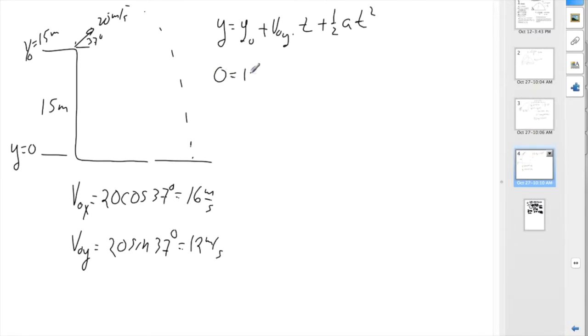So 0 is 15 plus velocity in the y direction, 12 meters per second, times t minus 5 t squared. I can solve that for t, and I'll actually get two numbers. One's going to be a negative, one's going to be a positive. I can take those numbers and plug that in. The distance in the x direction is velocity in the x direction times t.